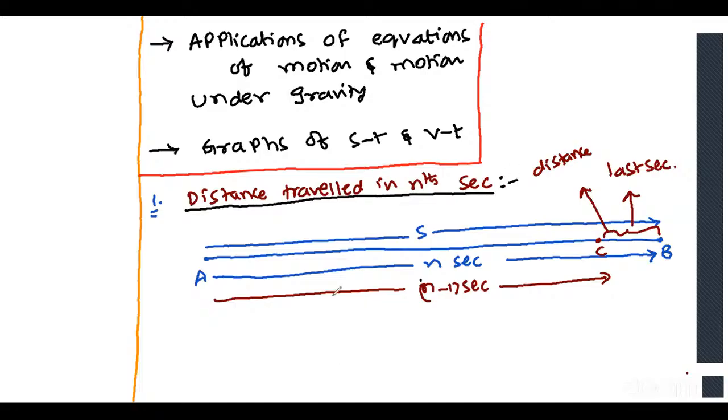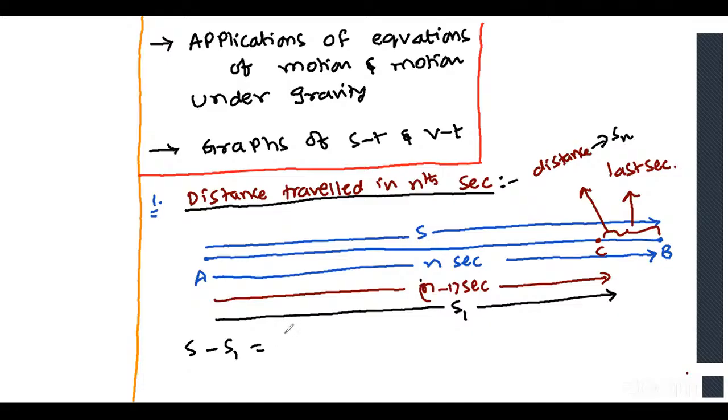In n minus 1 seconds, it traveled a distance, let us consider S1. So I can say that S minus S1 is equal to the distance traveled in the last second. Let us consider it as Sn. Let us call it equation 1.